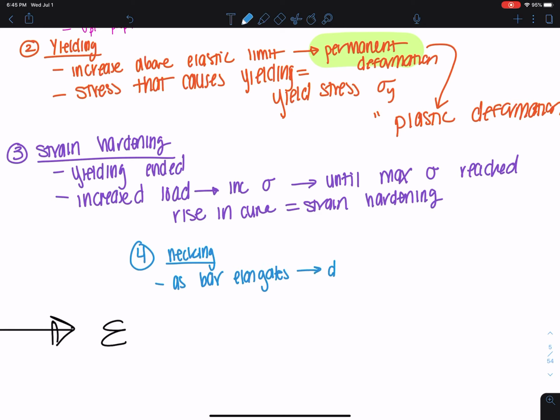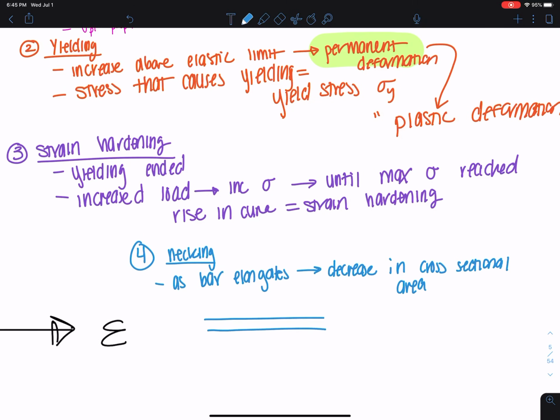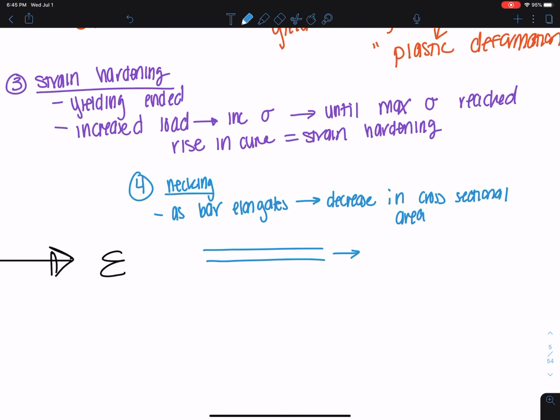we see a decrease in cross-sectional area, and we kind of talked about this already. If I pull on something, that cross-sectional area is going to decrease, okay? And after the ultimate stress, that cross-sectional area becomes localized. So we'll see something like this. If this was our initial shape and we're pulling on it, what we're going to see is basically we're pulling so hard and we kind of get this decrease that happens right in the middle there, okay?